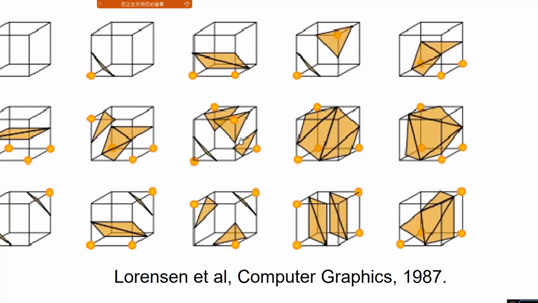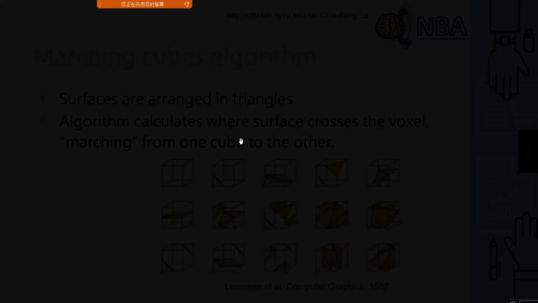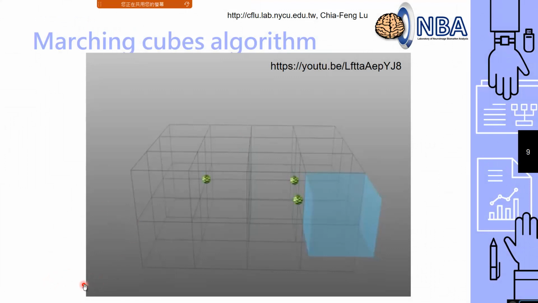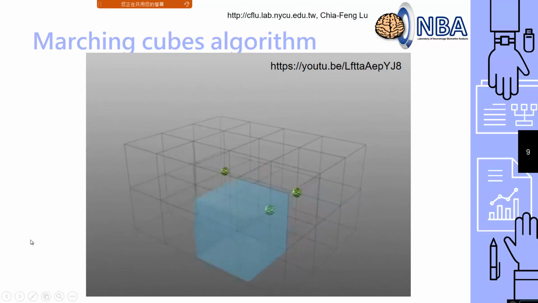So what you need to do is you just try to move the scanning cube through all the volumes. Then you can do exactly what you see in the video. So let us take a look at the video again. So now think about this. When you are going to each cube, for example, the very first cube, you only have one pixel within the target area, right? So all you need to do is build up a triangle to cover it. Okay, so think about this.